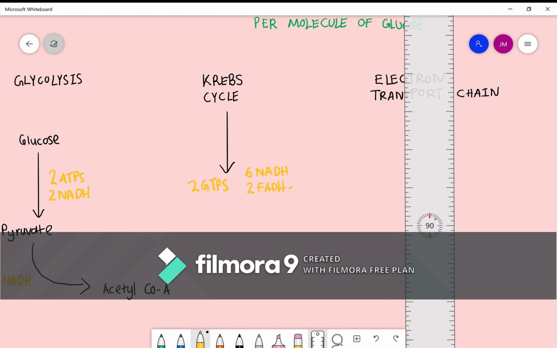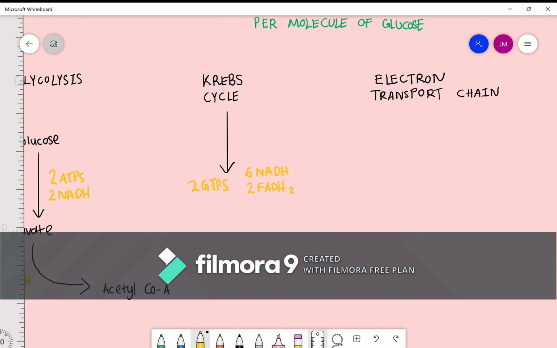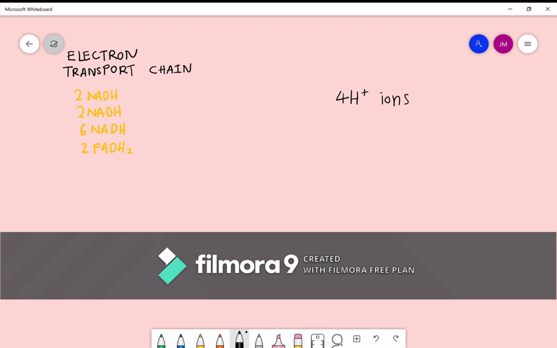All these reducing equivalents are then metabolized in the electron transport chain. In the electron transport chain, we metabolize the 2 NADH from the conversion of glucose to pyruvate, also the 2 NADH from the conversion of pyruvate to acetyl-CoA, and both 6 NADH and 2 FADH2 from the Krebs cycle.